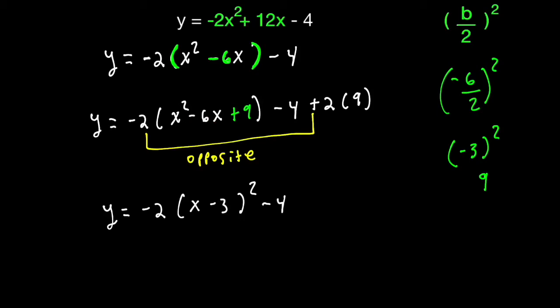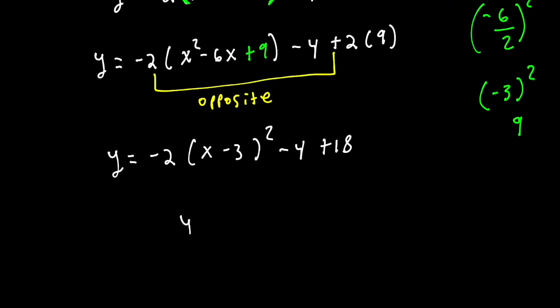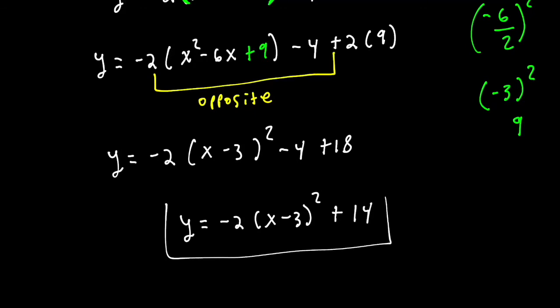Then I have negative 4, and 2 multiplied by 9 is positive 18. And simplifying this further, I'm going to get y equal to negative 2, x minus 3 quantity squared, and negative 4 plus 18 will leave me with a positive 14. And this is my vertex form.